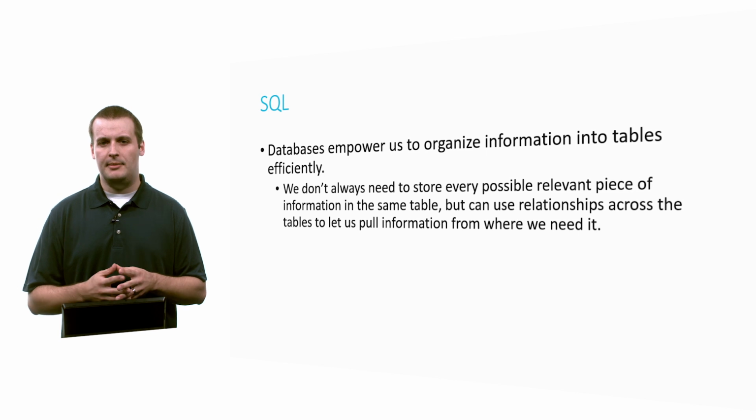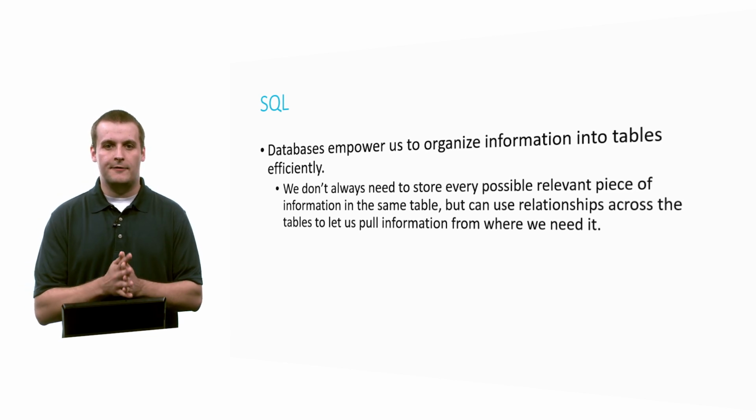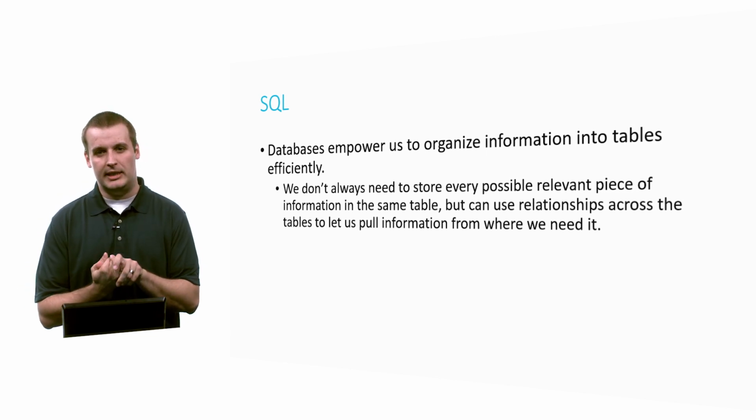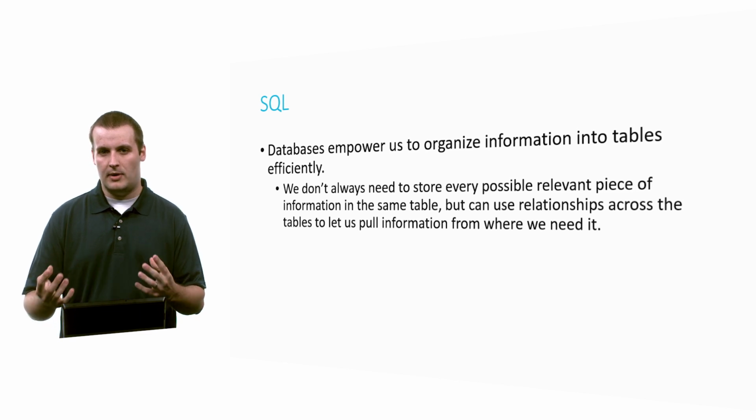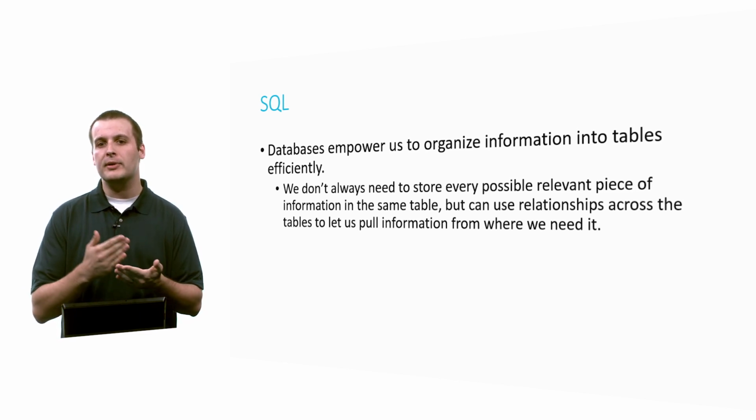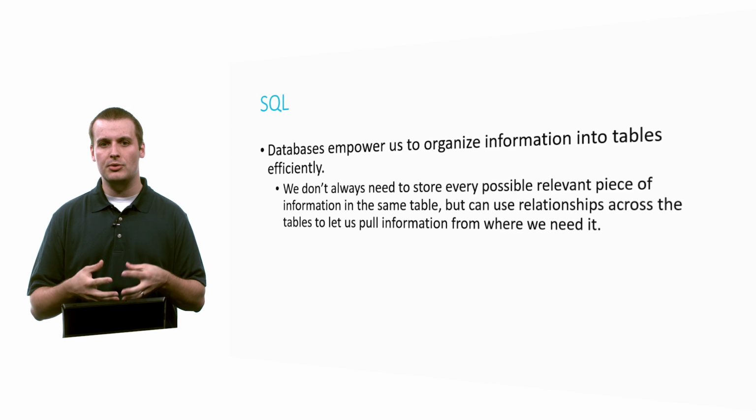Now, databases are great because they allow us to organize information perhaps a bit more efficiently than we might otherwise. So we don't necessarily need to store every relevant piece of information about a user in the same table. We had two tables there. We don't need to store everybody's mother's name, and maybe we don't have the social security number, we have their date of birth. That doesn't always need to be in the same table.